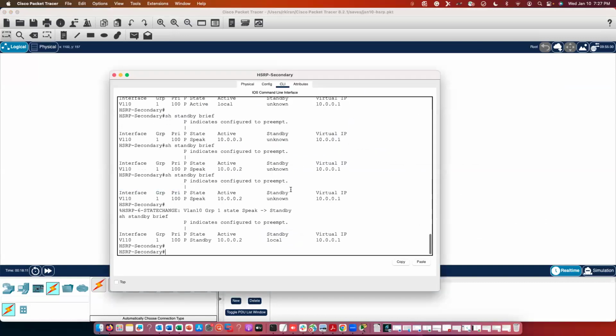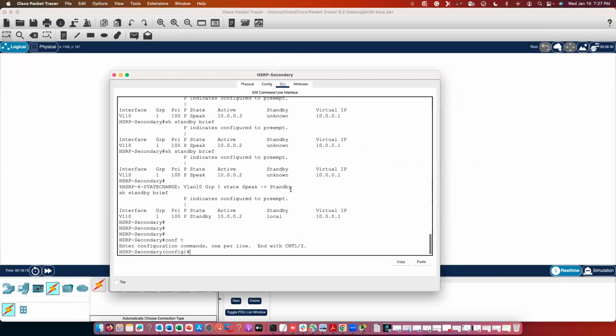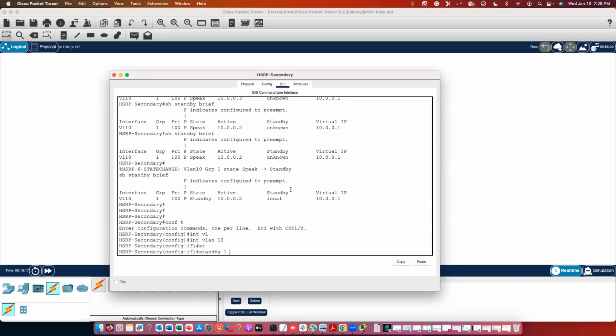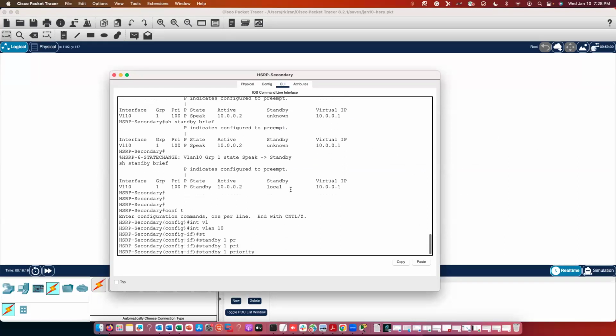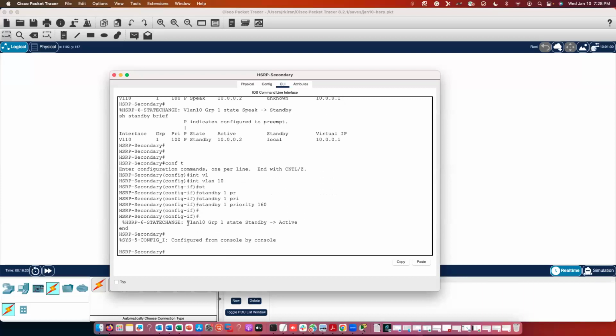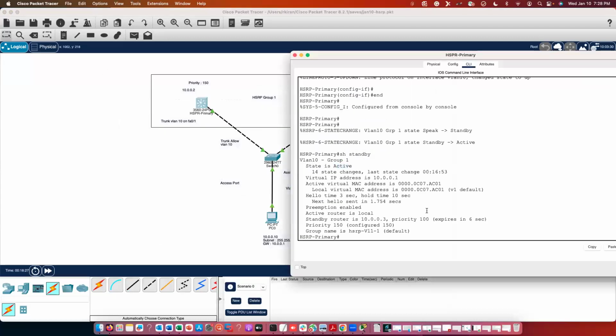Interface VLAN 10, standby 1, priority 160. See, it became standby to active. Let's look at this one. Earlier it was active. Now if I do show standby, this one should be the standby.